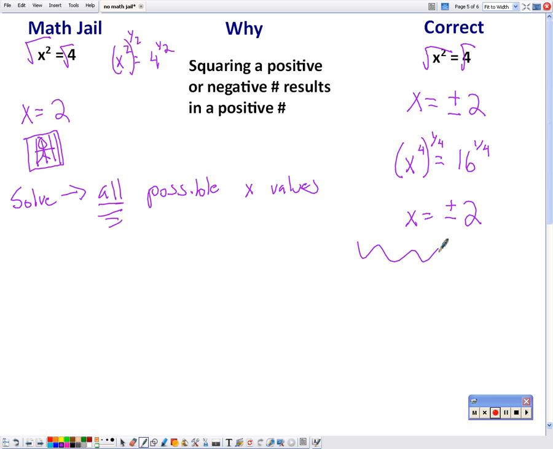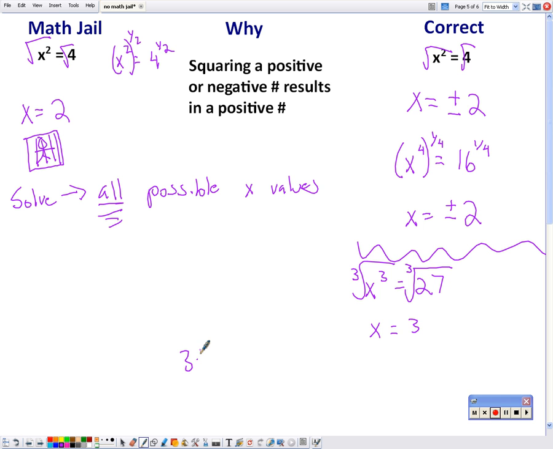On the flip side, if I have x cubed equals 27, I do not need a plus or minus, and here's why. Take the cube root of both sides. Then you're going to get x equals only 3. I don't want a plus or minus there, because we're multiplying a number out 3 times.